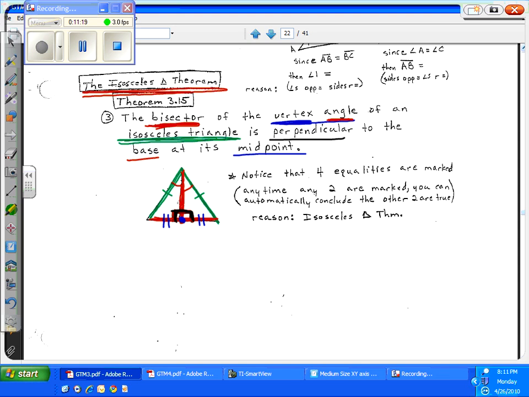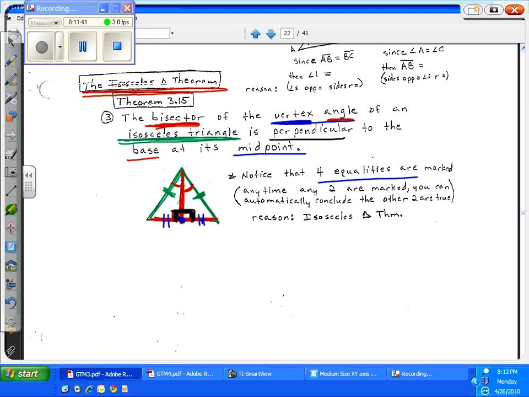You see what all we've got? We've got four equalities. We've got in green the fact that it's isosceles. We've got in red the fact that it's the bisector of the vertex angle. We've got in black the fact that it's perpendicular, forming equal adjacent 90-degree angles.